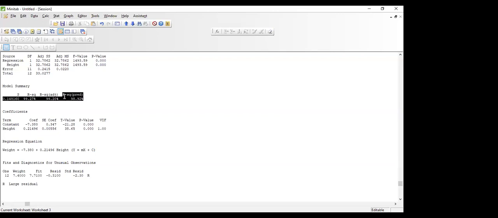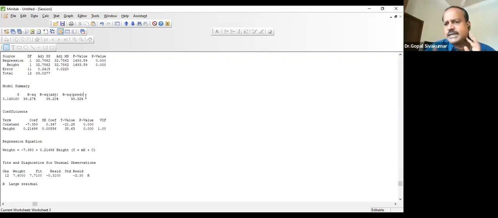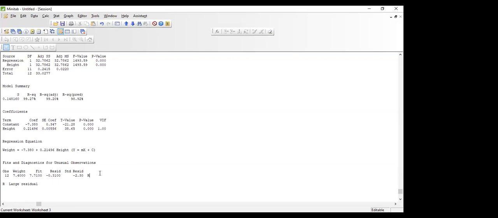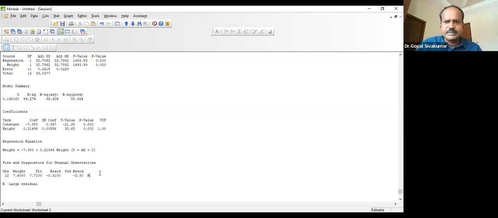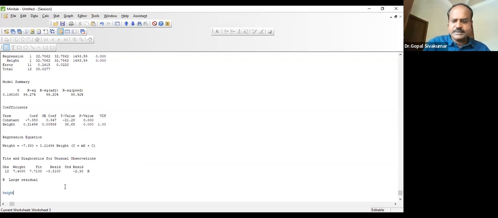When the predicted R square is better, I mean more than 90%, you can understand your regression equation is ready for prediction purpose. Suppose the baby's height is, let's say, 85 millimeter.